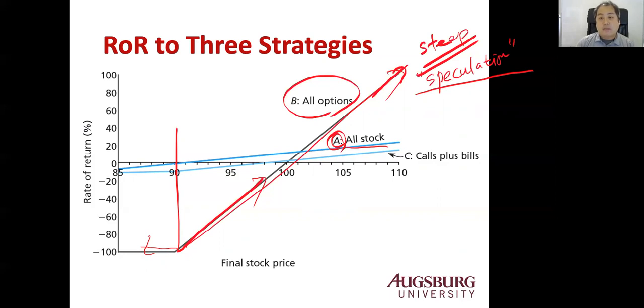So if Facebook stock, for example, dropped by like 10%, a 10% drop is pretty big actually. But if you have only the option, then you lose a lot more in value. Again, the option premium is the money you pay, and the premium of the option is way below the price of the asset. In the previous put option example, the put premium was around $6 versus 70-something dollars for the stock price.